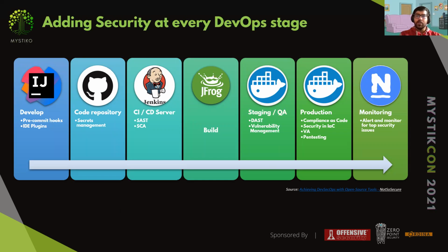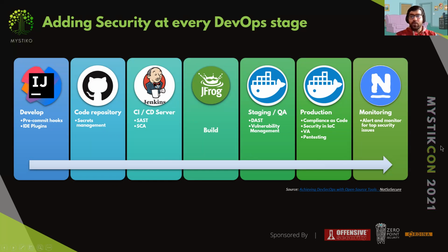So for instance, when you look at the develop stage, you could always include some pre-commit hooks and some IDE plugins, like FindBugs for Eclipse, which you can always include. That identifies whether you're coding, let's say, a Java application, in line with the OWASP top 10 best practices or not.